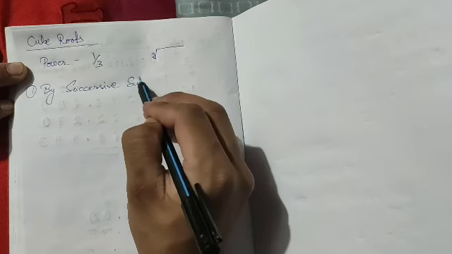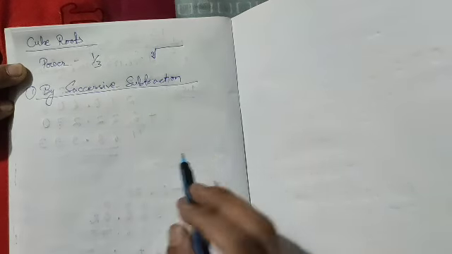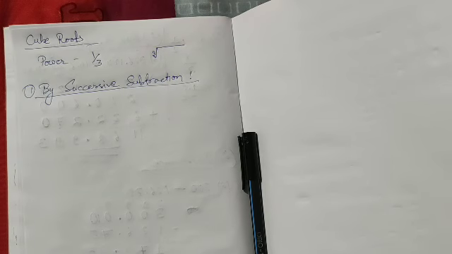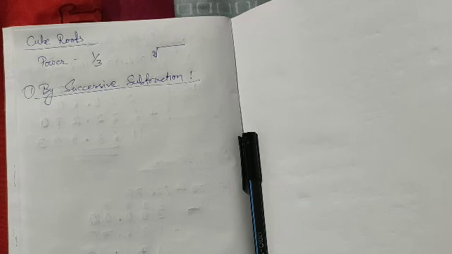I believe while finding the square root also we have done this process, by successive subtraction. But in that case what were we subtracting? We were subtracting the consecutive odd numbers, like first 1, 3, 5, 7, like that.